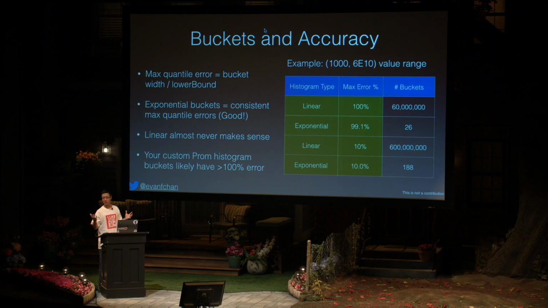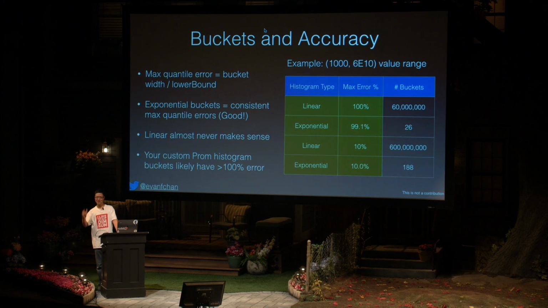So consistent error rates, good, because you never know exactly where, during an incident, that thing is going to go. The third point, and I think this is true, maybe I'll get another show of hands. How many people are just defining their histogram buckets in Prometheus using some custom methodology?